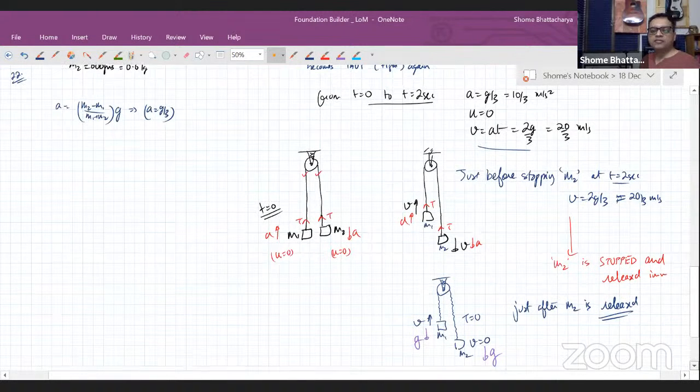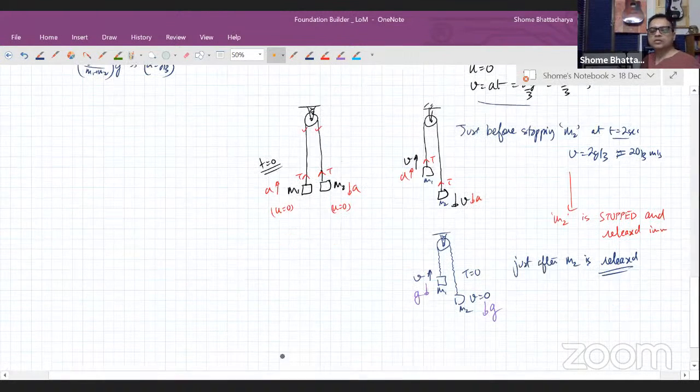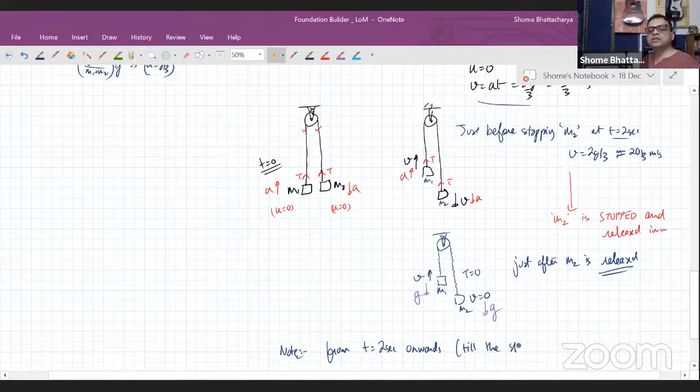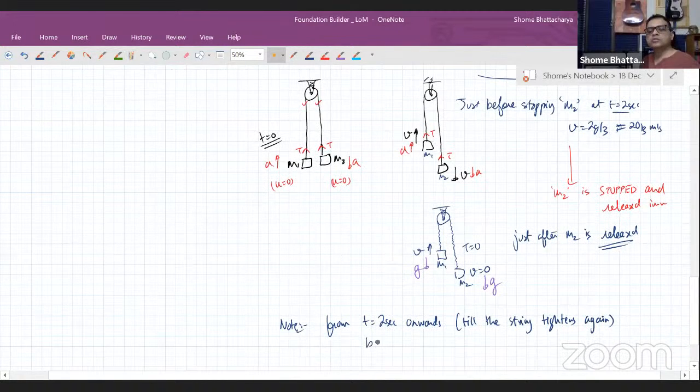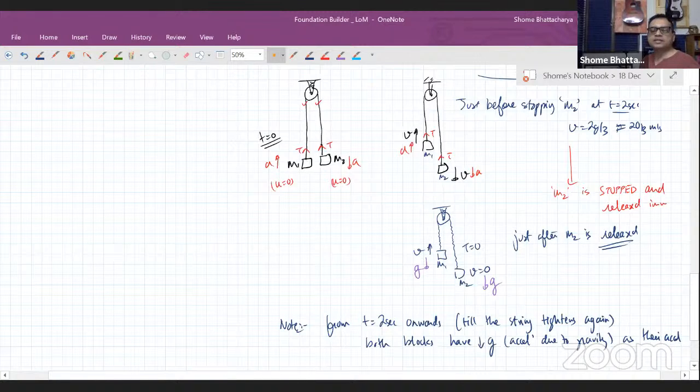So what happens is that from t equal to 2 seconds onwards, till the string tightens again, both blocks have acceleration due to gravity as their acceleration. They have a downward acceleration of g.